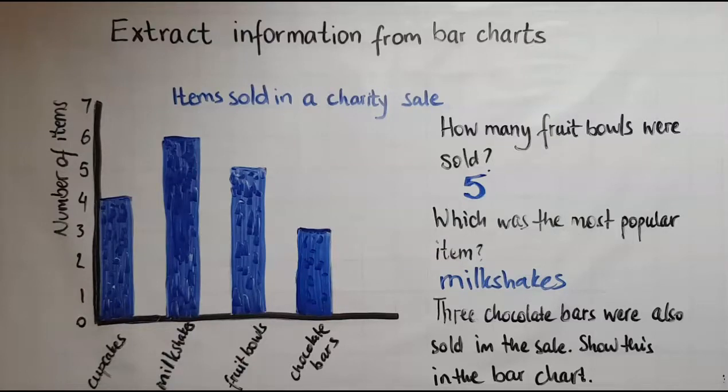So maybe it could be to show how many items were sold in a shop. It could be different ages of groups of people. It could be what people travel by. Do they use public transport like trains and buses?